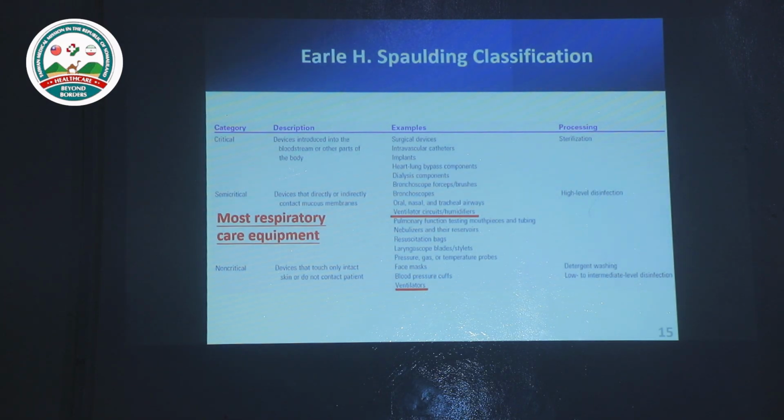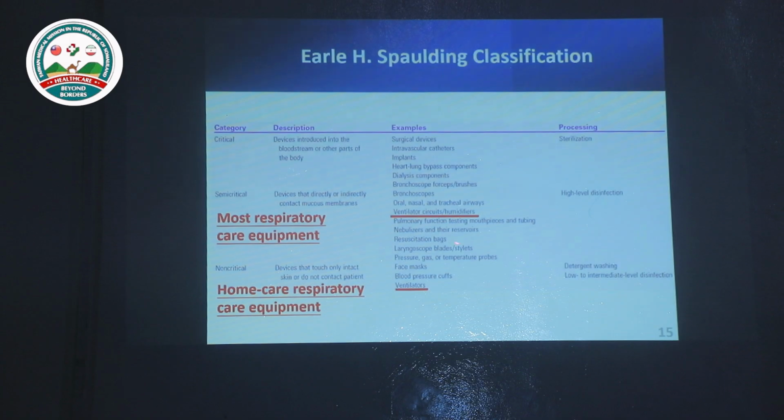I'd like to mention one point: in Taiwan, because we have home care respiratory disease patients, and for home care respiratory equipment they don't have a device to do high-level disinfection, sometimes at home we step down a little bit.